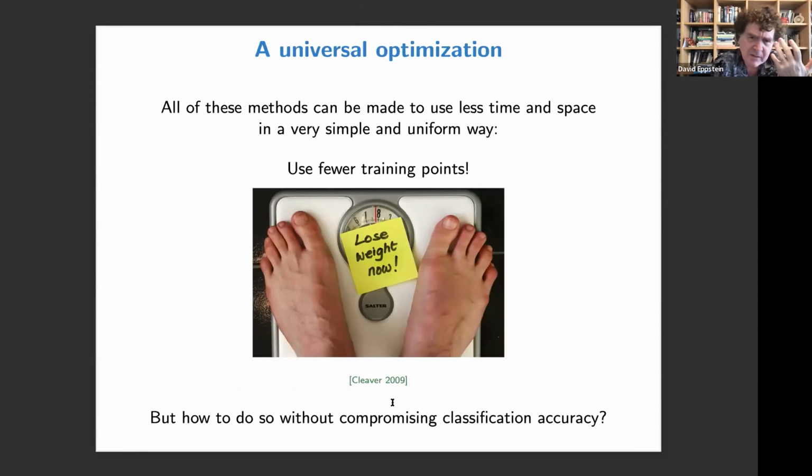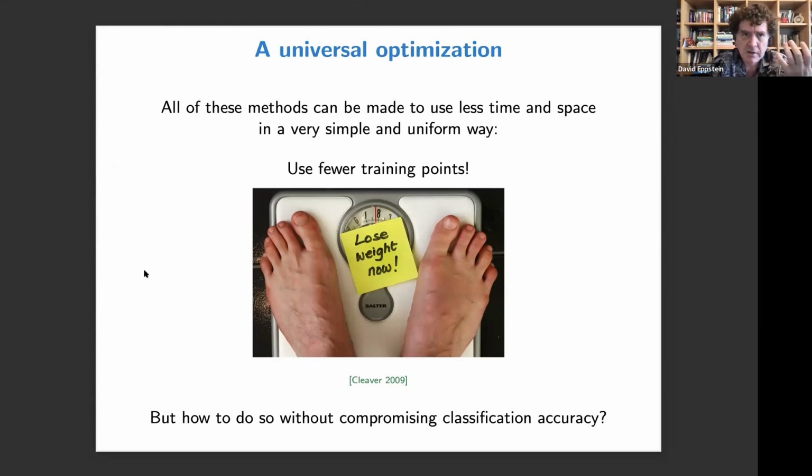And what I want to talk about today is something that you can do kind of independently of all of those techniques, that works regardless of what structure you're using to do your nearest neighbor queries. And that is to, instead of using your original data set of training points, somehow slim it down to a smaller training set of fewer points.